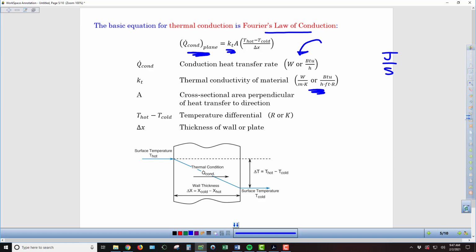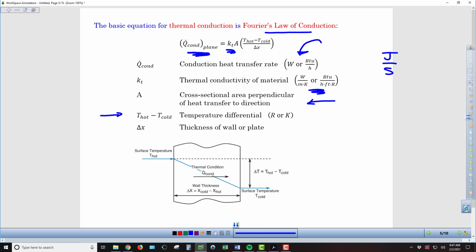So that's going to be something that's measured in a laboratory. We've got the cross-sectional area. So this is basically the face of the wall or window or whatever it is through which we're conducting energy. We've got the temperature difference from the hot side to the cold side, and so the energy is always flowing from the hot side to the cold side.